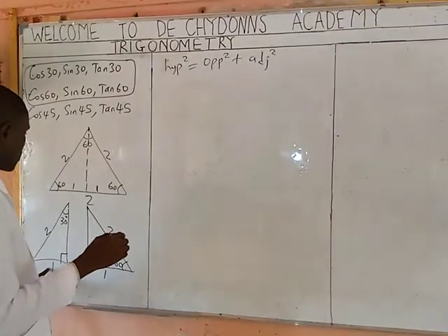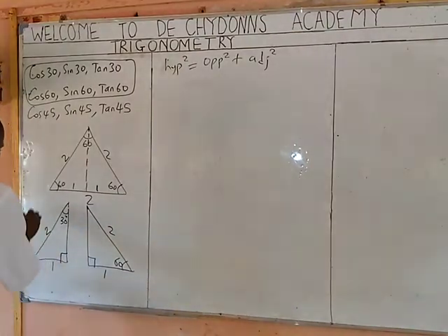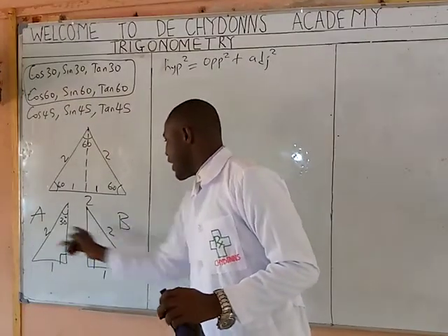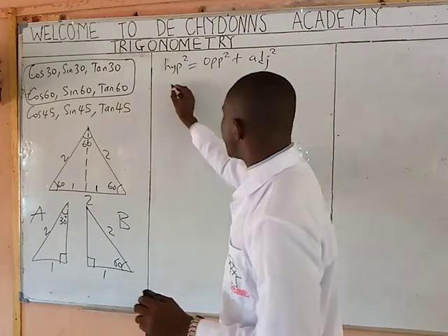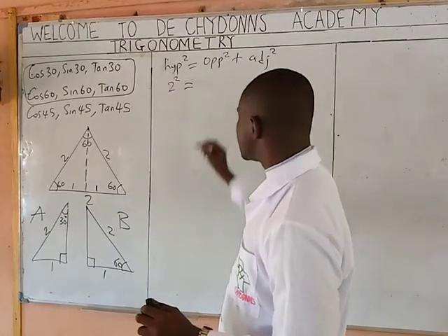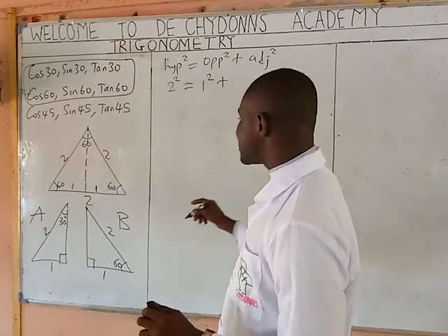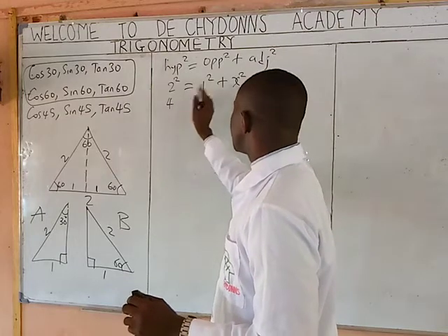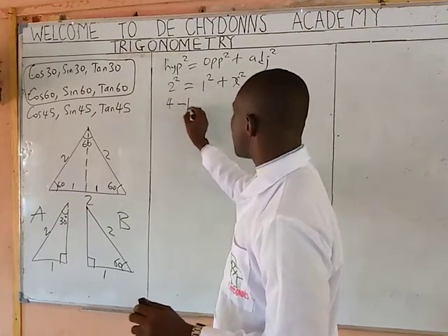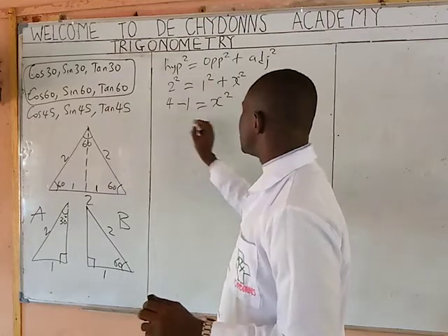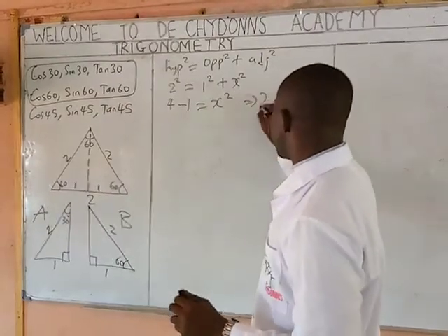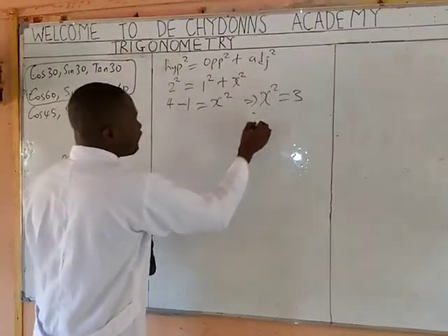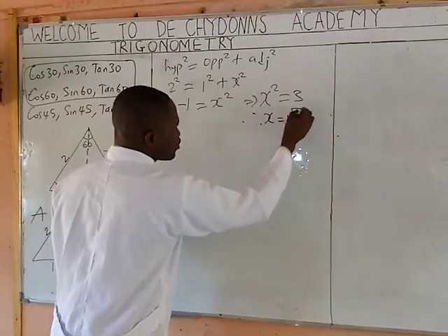Opposite is given to be 1 in this first diagram, which is diagram A, while this is diagram B. So you say 2 squared is equal to opposite, 1 squared, plus adjacent, which is what I am looking for. 2 squared is 4, then 1 squared goes to the other side, minus 1, equal to x squared. Therefore x squared equals 4 minus 1, which is 3. Therefore x equals square root of 3.